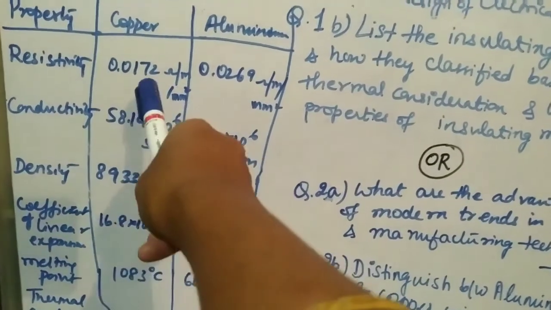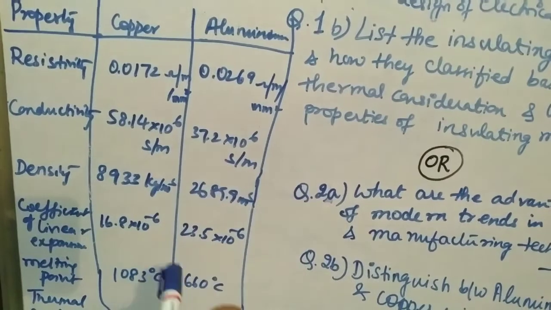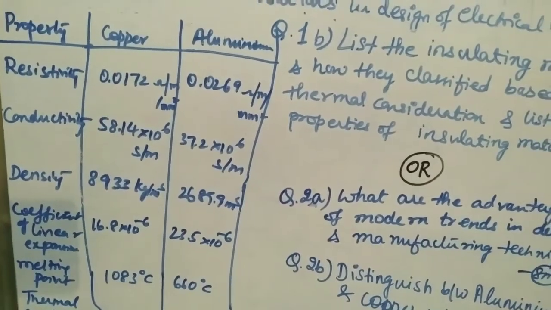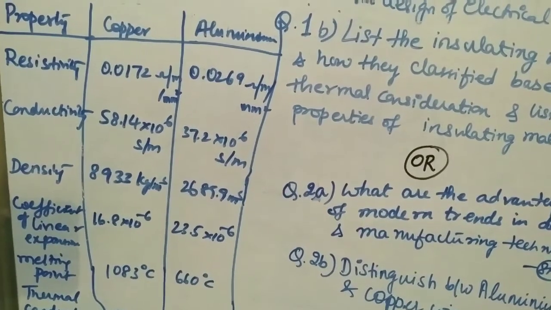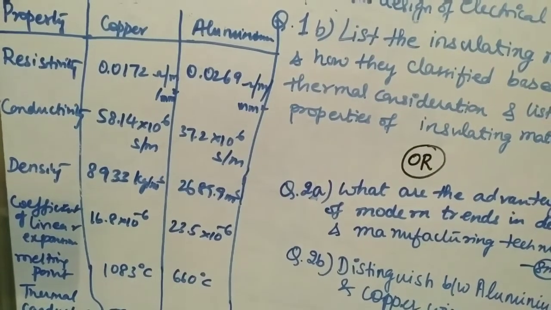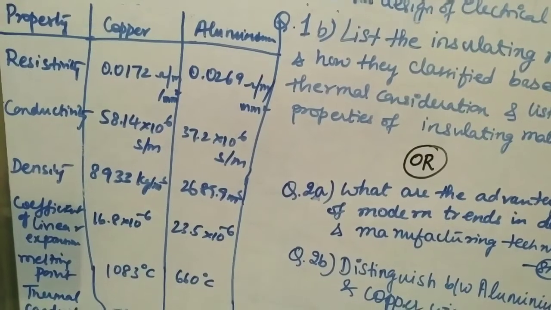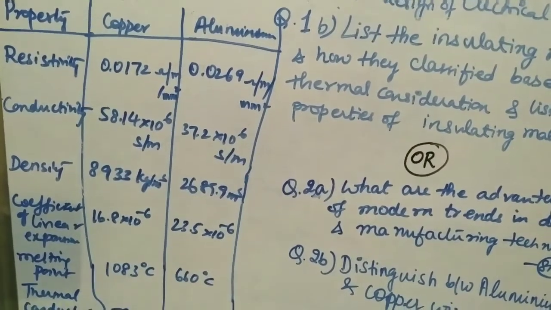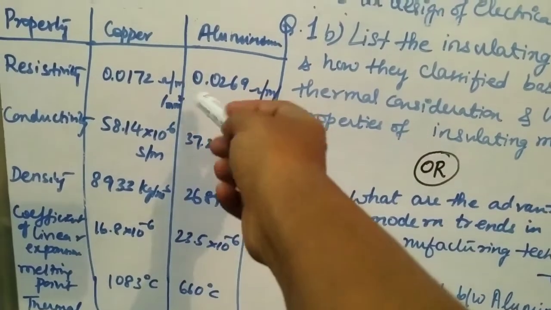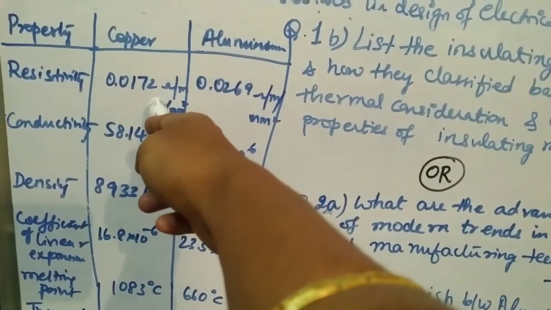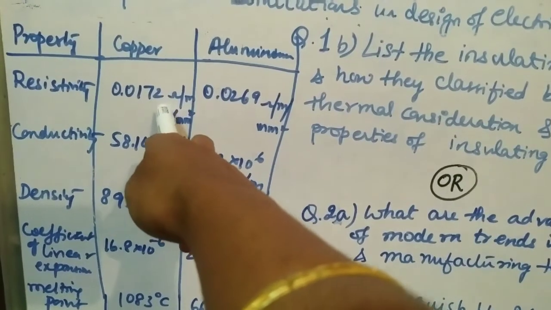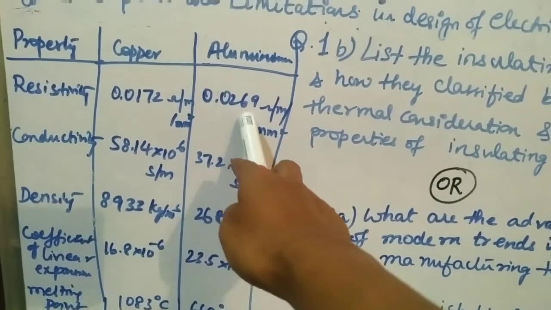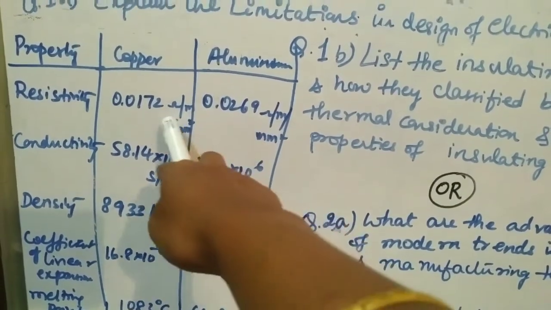These are the values you have to cover when you distinguish between aluminium and copper. From this you can notice that the best part of this material is that the resistivity of copper is less compared to aluminium.